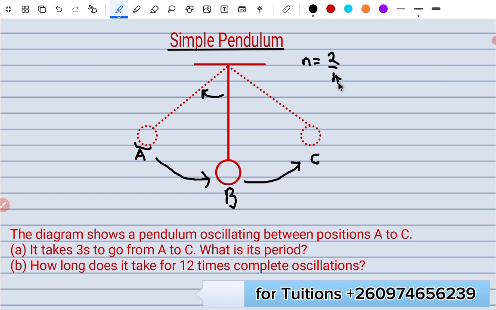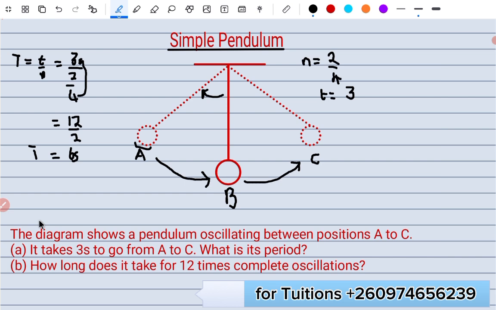Then time, it takes 3 seconds. So what is the period? Period is equal to time over the number of oscillations. The time, 3 seconds, over 2 over 4. Like I said, you multiply these two, you get 12. The one in the middle is the denominator, and you get 6 seconds as your period.